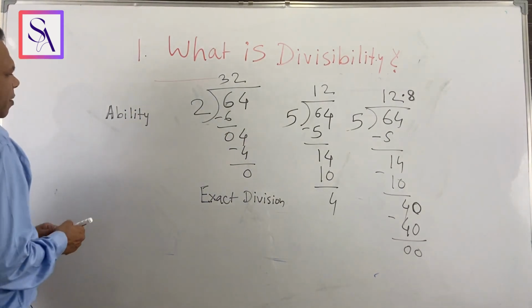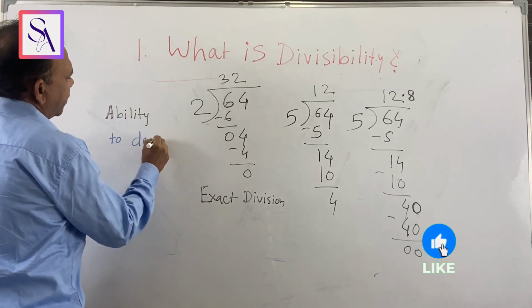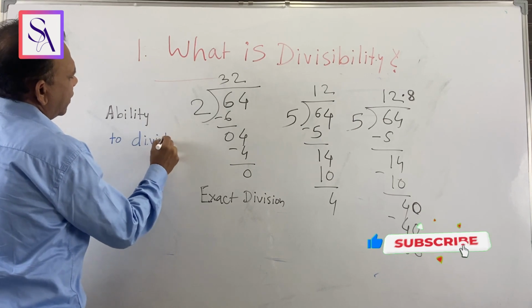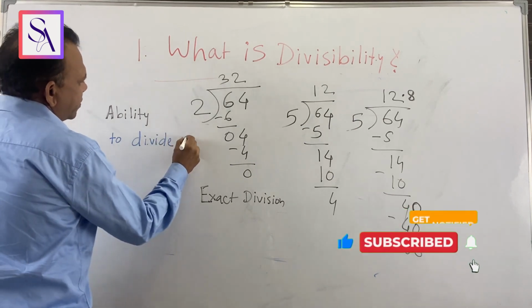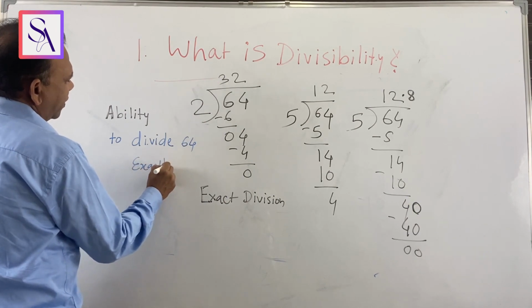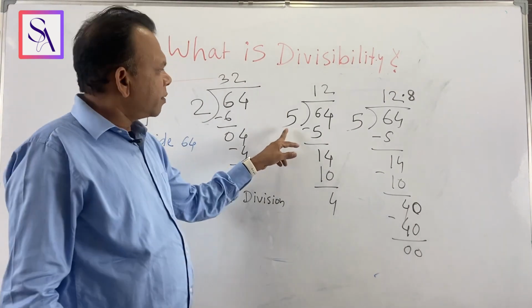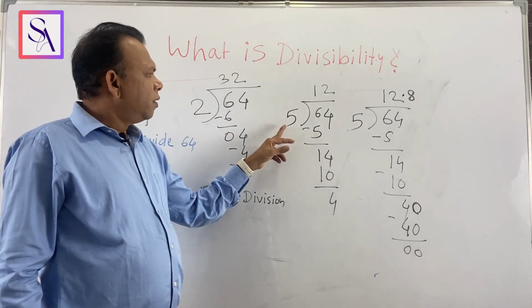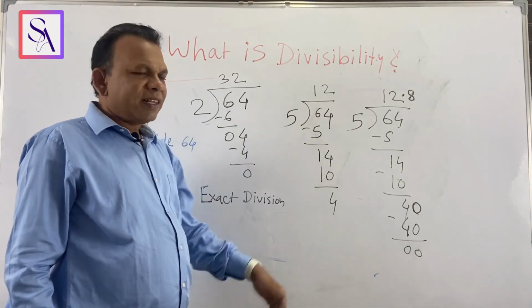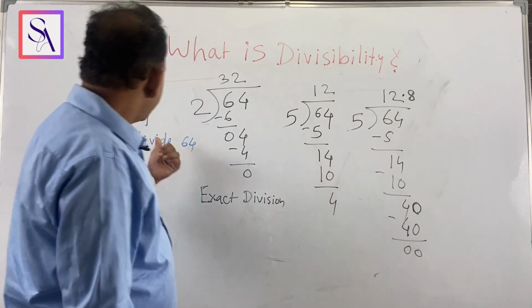So 2 has the ability to divide 64 exactly. In terms of 5, it doesn't have the ability to divide 64 exactly, but 2 has.